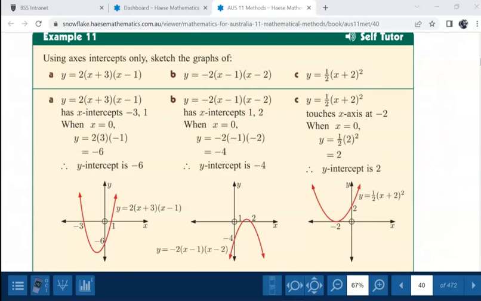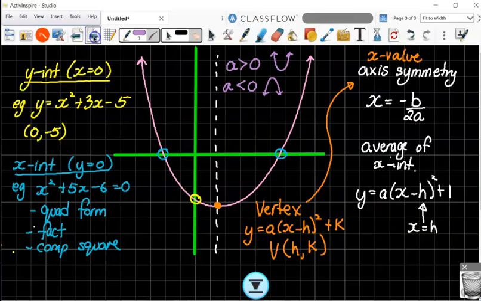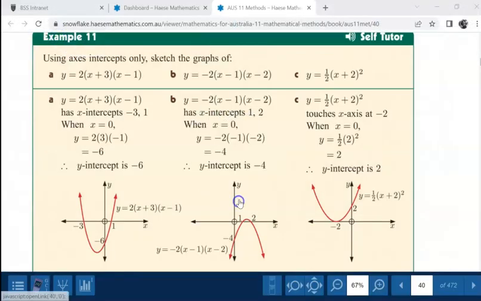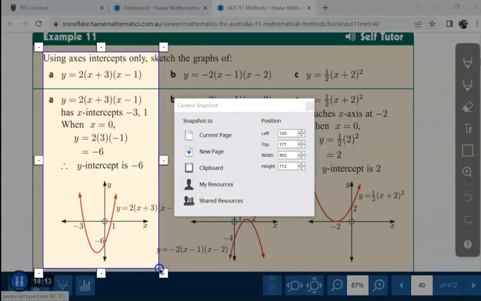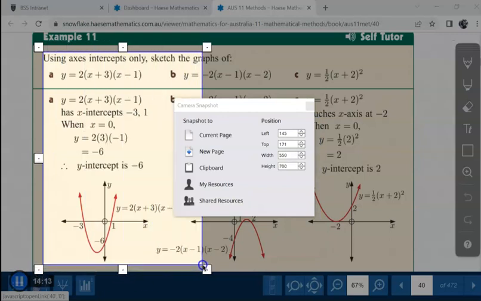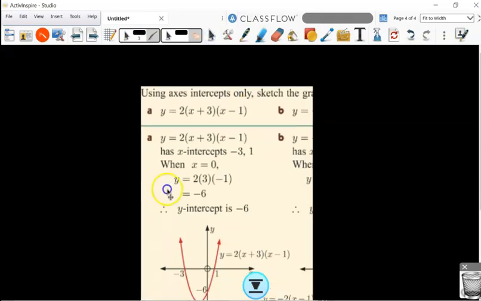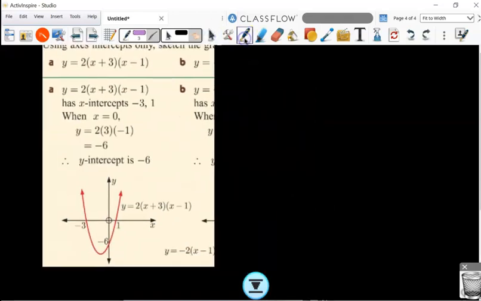If I asked you to draw on this graph, looking at all of that, can you draw y equals (x plus 3)(x take 1)?